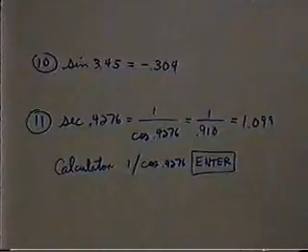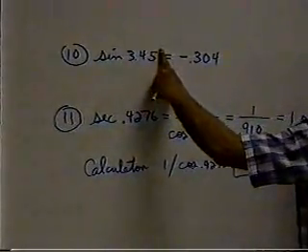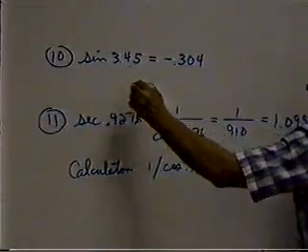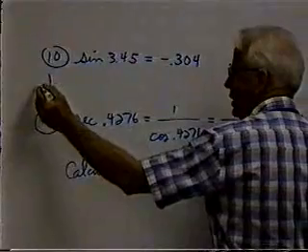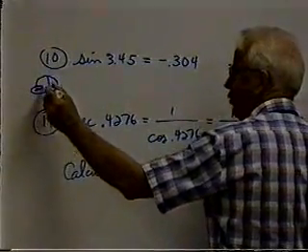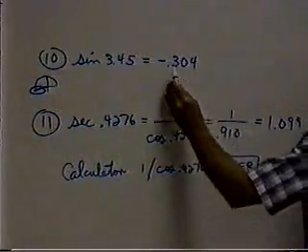Here we have the sine of 3.45. No symbol up here. So that means that's radian. 3.45 radians. You remember? 3 radians. So that's around here. 1, 2, 3, and a little more. Quadrant 3. Sine is negative. You get a negative answer.